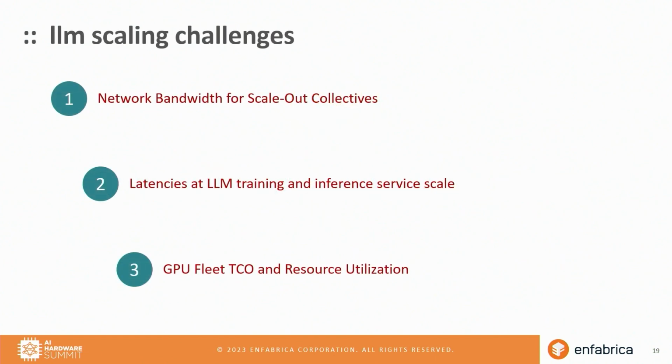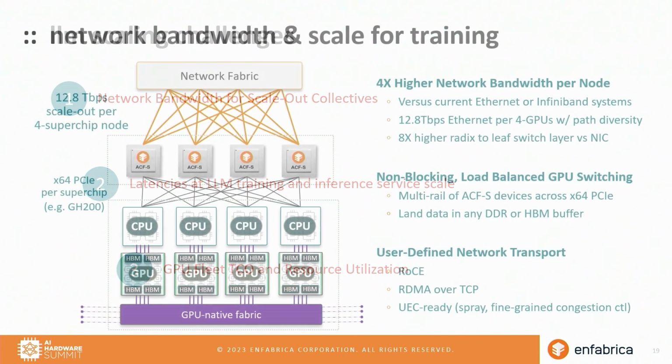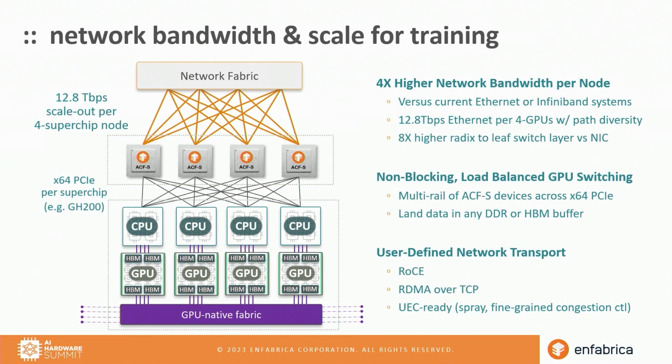Just as a reminder, what were the 3 items? Network bandwidth, latencies at scale, and TCO. In the case of network, bandwidth and scale are basically 2 sides of the same coin. It is a function of how much bandwidth is delivered to the scale-out dimension by the GPU.